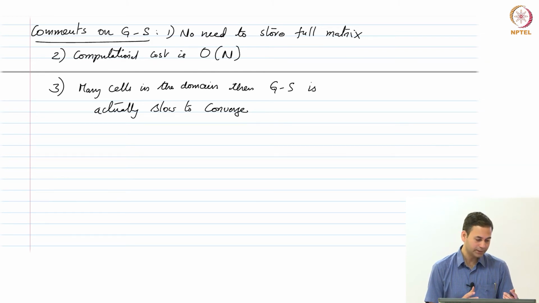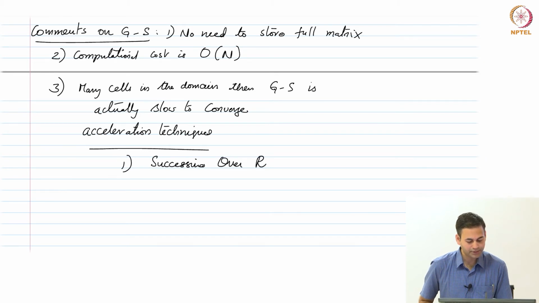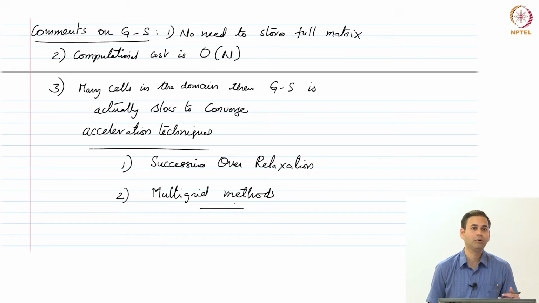We will look at some acceleration techniques later in the course: successive over relaxation, and also multi-grid methods. These will help to alleviate the problem of slow convergence of Gauss-Seidel.